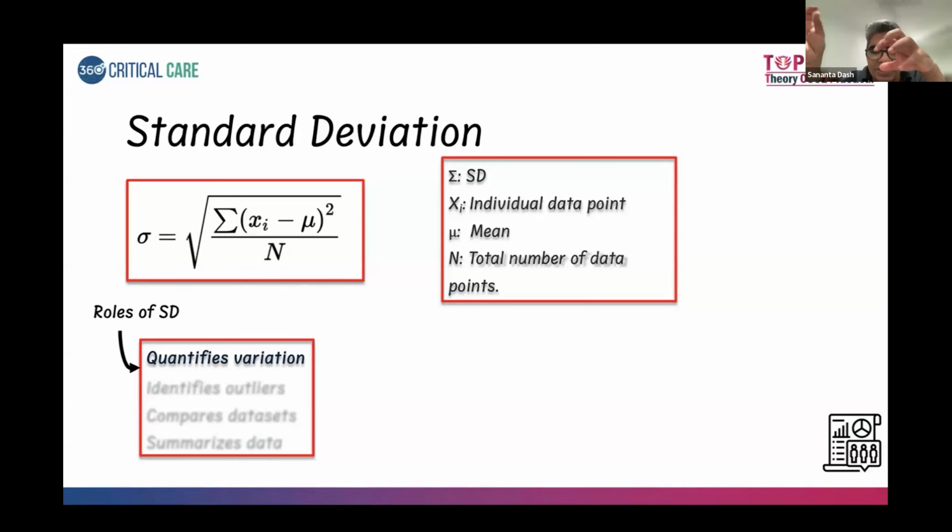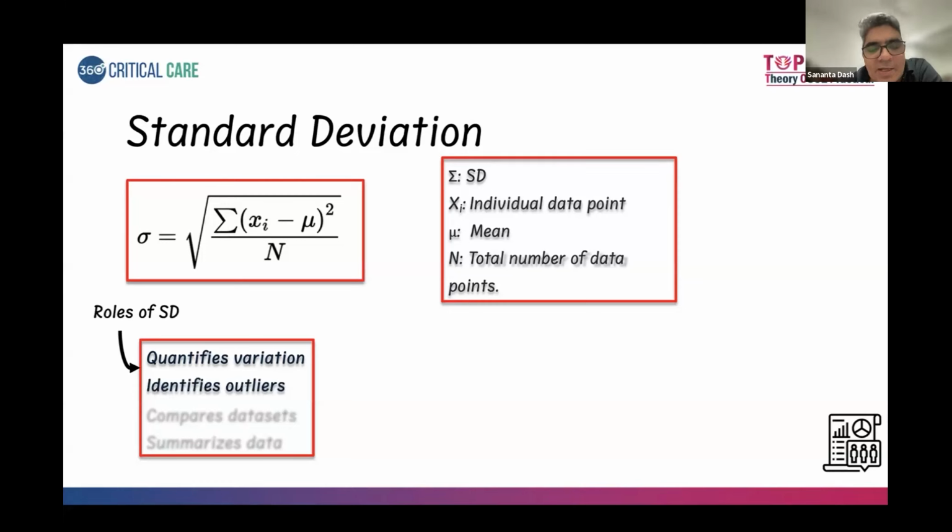Somebody is 40 kilo and the other one is 110 kilo. In that case, the data will be more widely distributed and the standard deviation will be higher compared to if it is between 60 and 80. In that case, the data is narrowly distributed and you'll have a smaller standard deviation. So it quantifies the variation. The higher the standard deviation, the more distributed is the data.